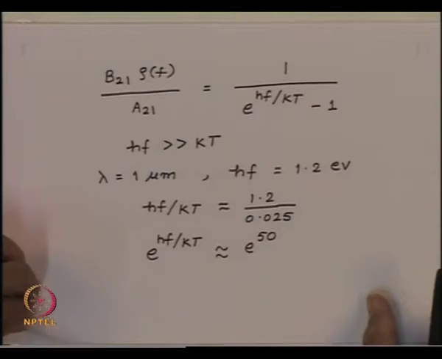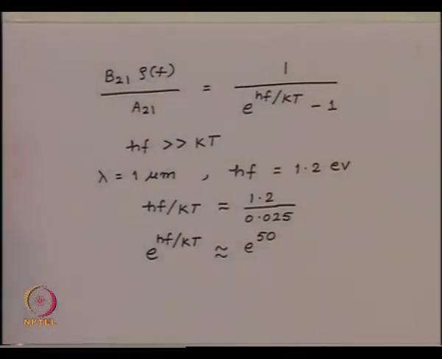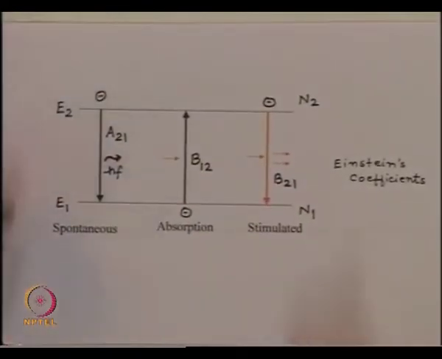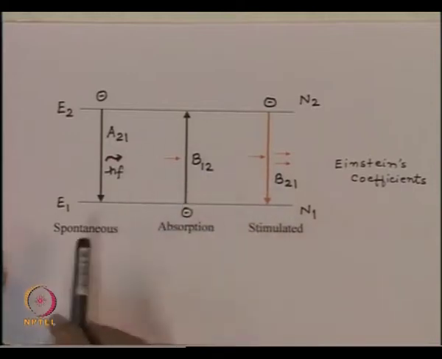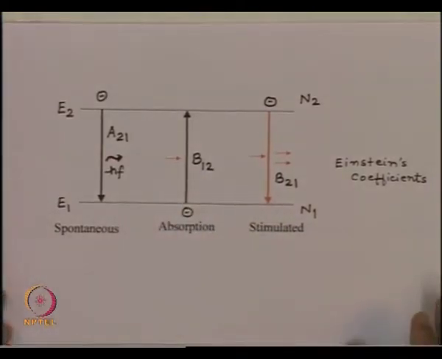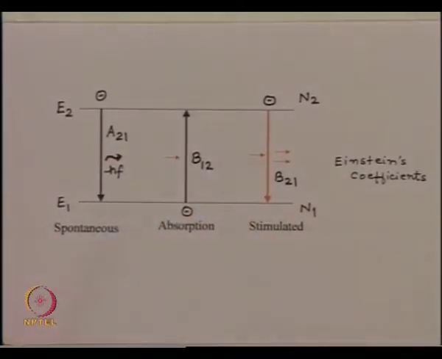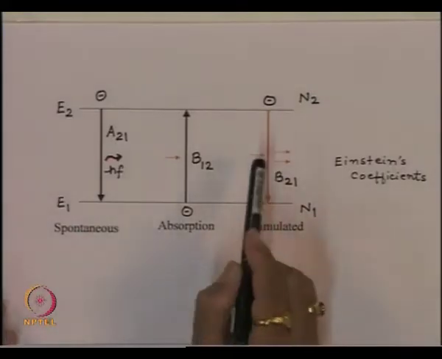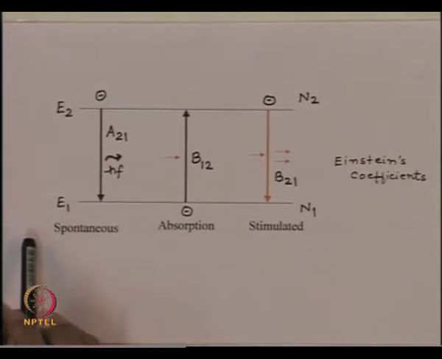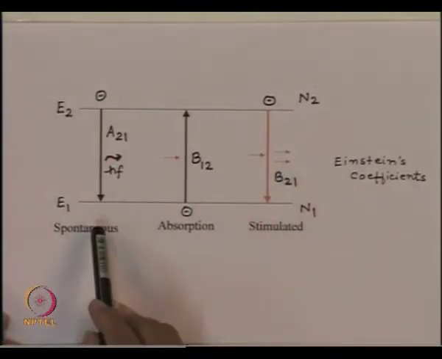Having said that, now let us concentrate only on this process which is the stimulated process, or let us concentrate on these two processes which are taking place in the presence of the photon. Why are we saying that? That is because when this process starts, it is a multiplicative process.